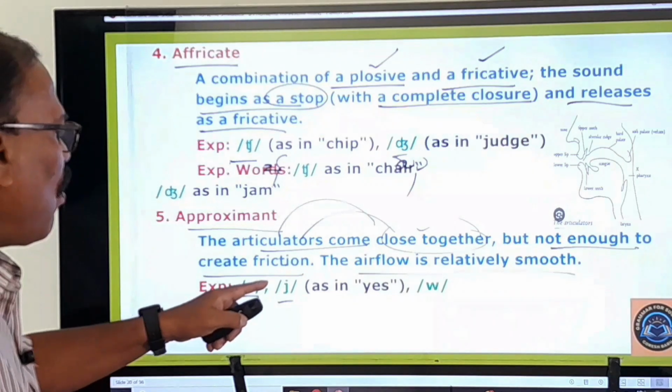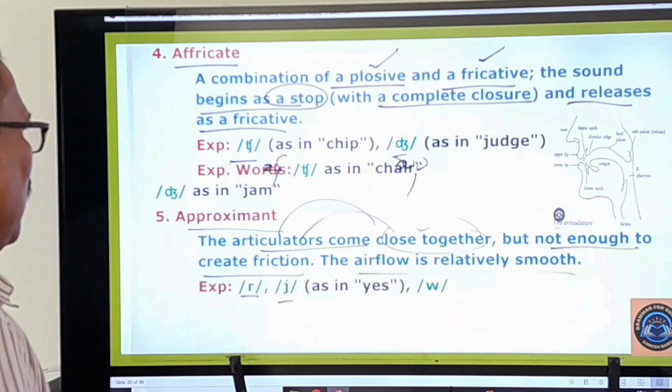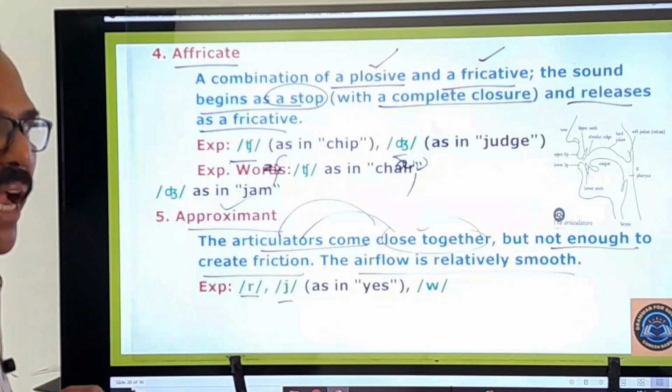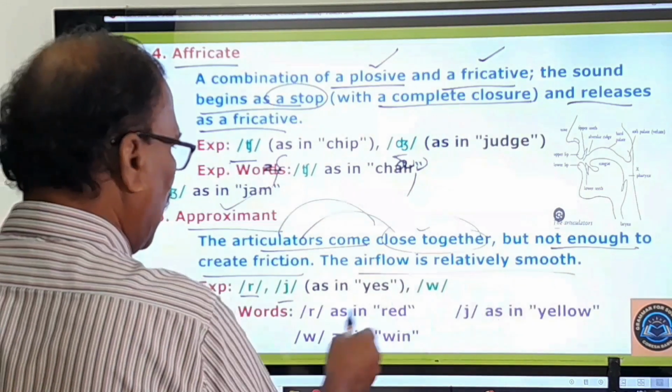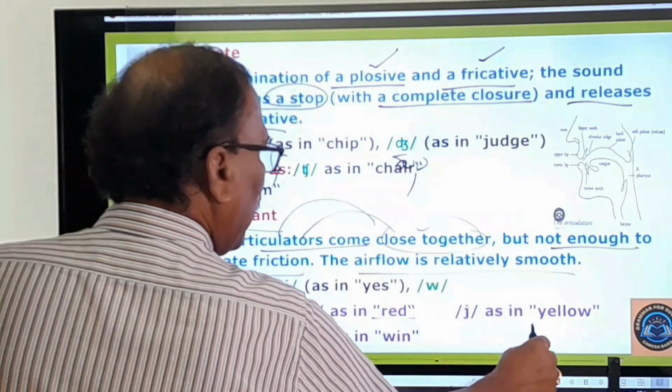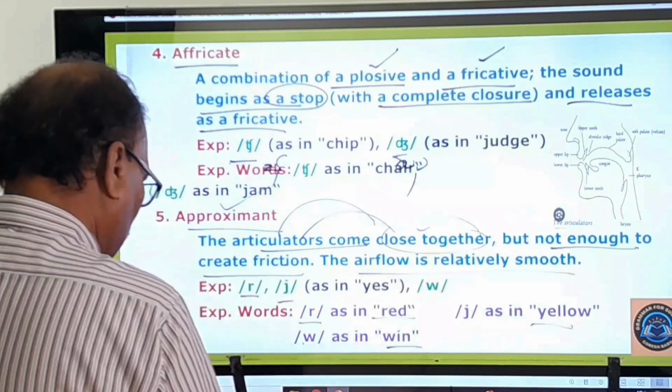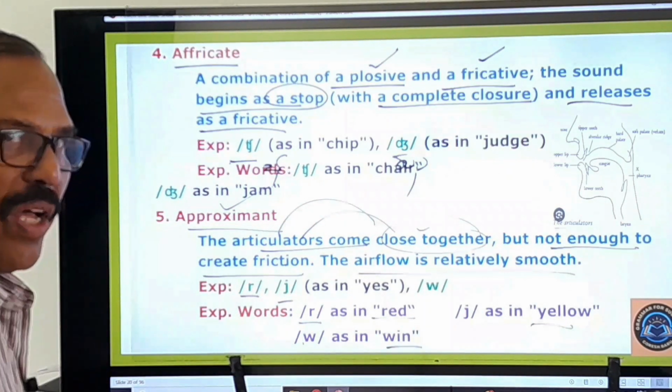So these are therefore called approximants. You go to the examples: r in red, ya in yellow, wa in wind. Okay, like that. And now you go to the next one.